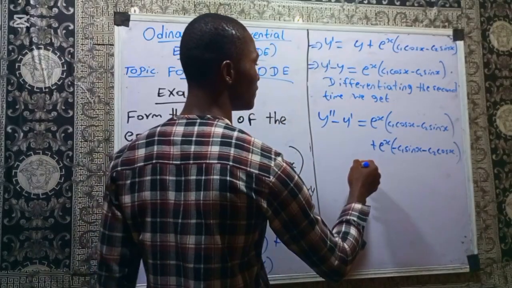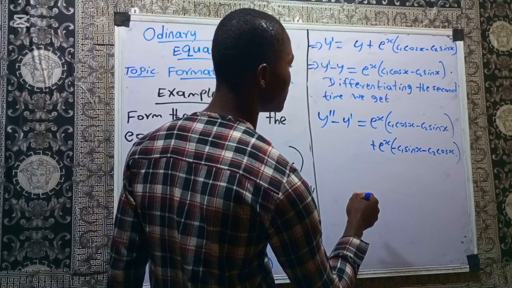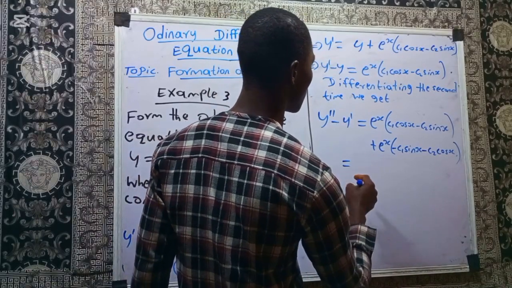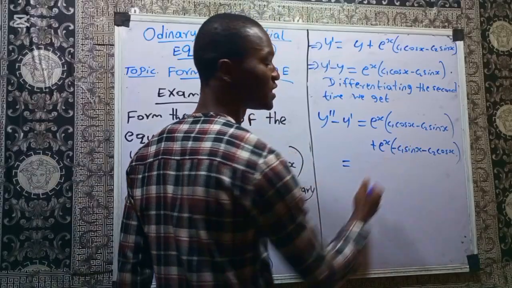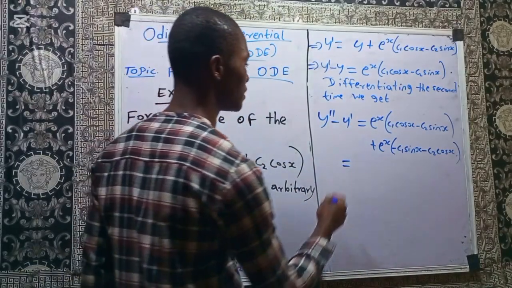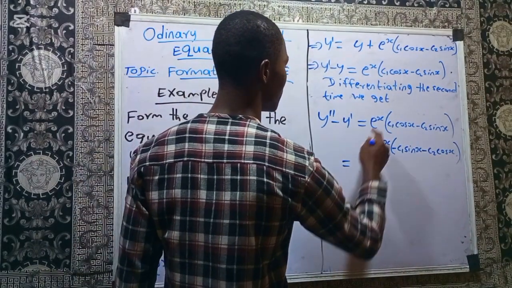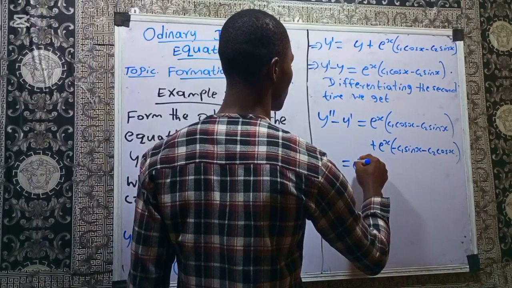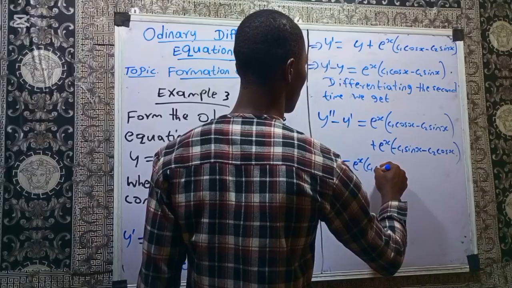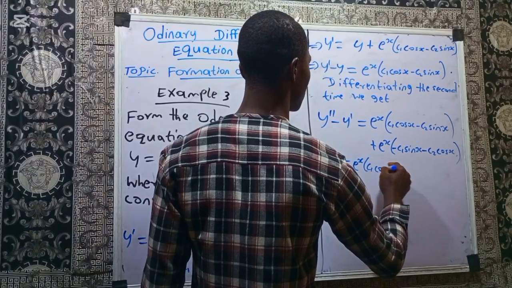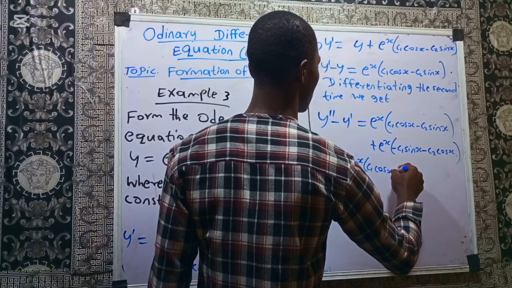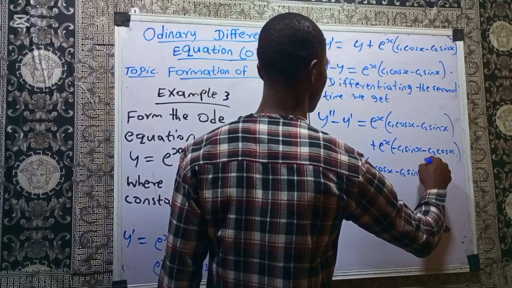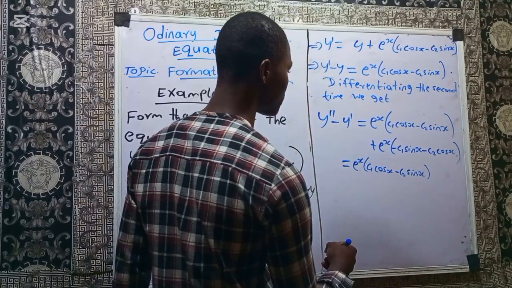But we have negative, negative here. So this place will have negative negative. We can simplify. Let's write the first thing at the right hand side: e^x (c1 cos x minus c2 sin x).